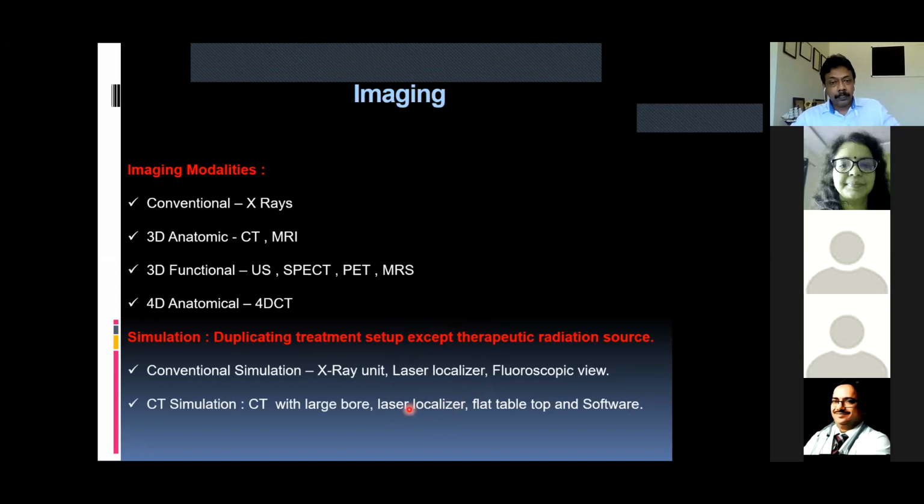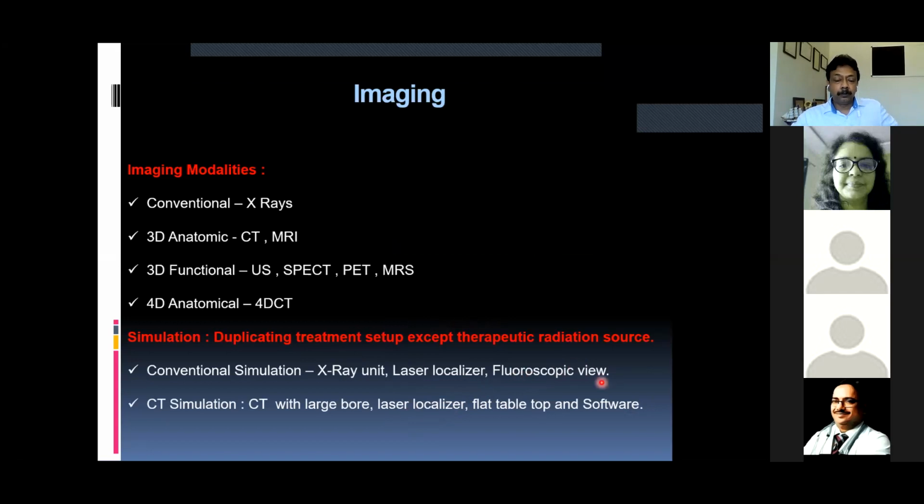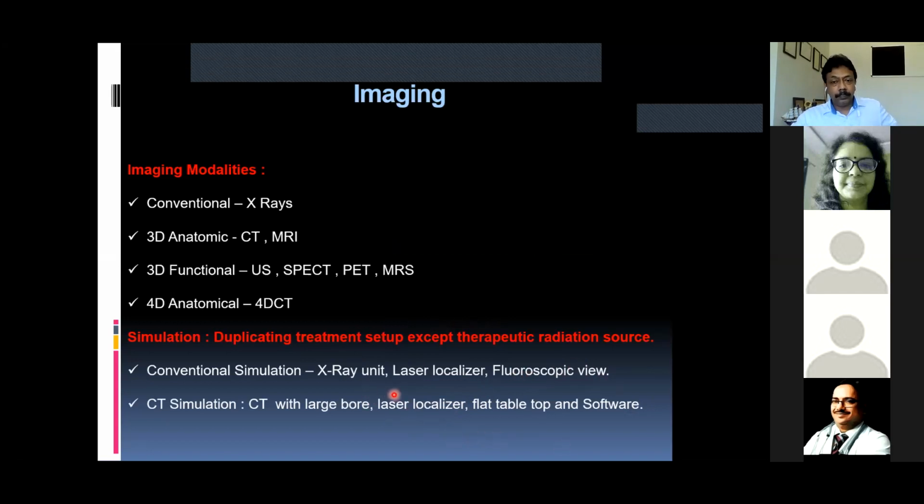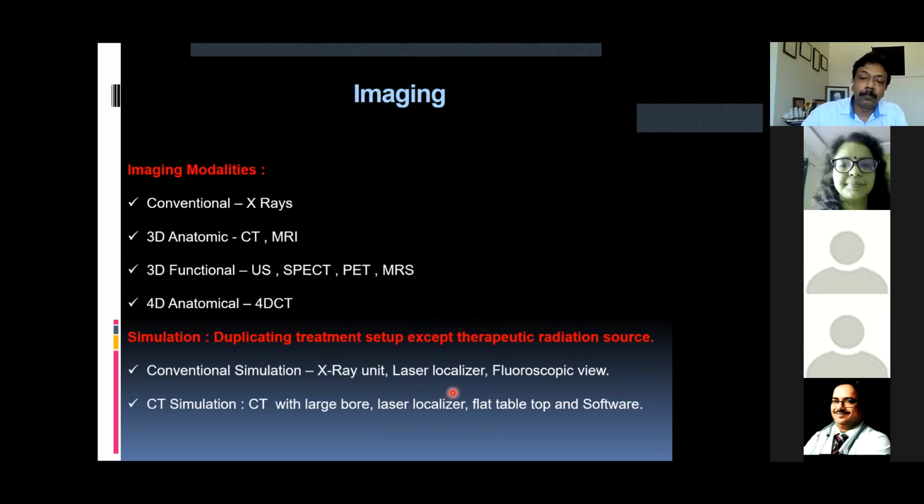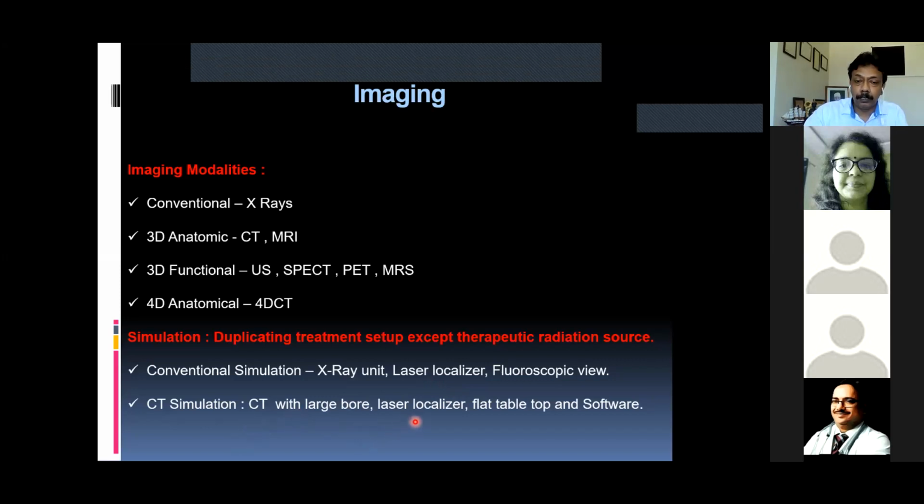This is duplicating the treatment setup except for the therapeutic radiation source. So conventional simulation is an X-ray unit that duplicates the therapeutic unit. And CT simulation, the CT simulator has a large bore, laser localizer, a flat tabletop, and the required software and other hardware.